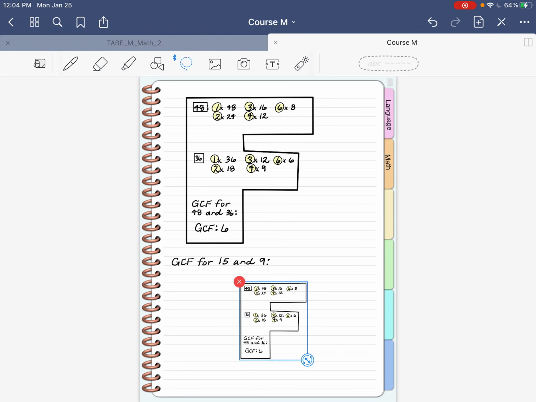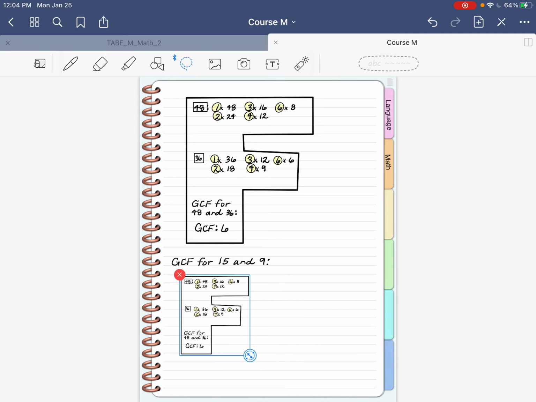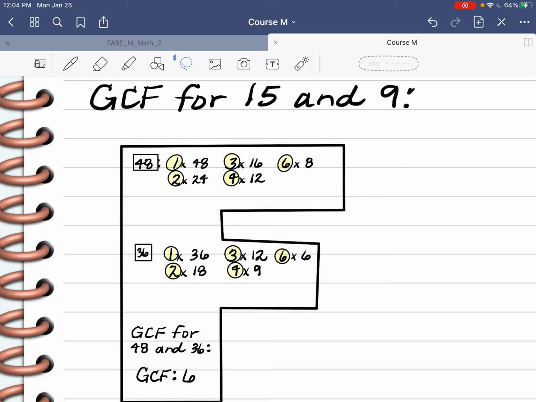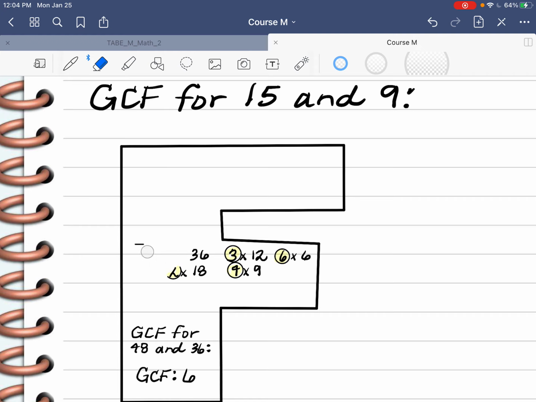Oh yeah, this will work. So I can use the F. You don't have to draw this. I'm just using this because that's the way I showed you to remember it. So picture this F for factor in your mind. And this time we are going to do different numbers, but the process is the same.